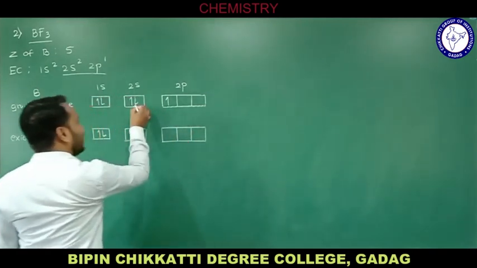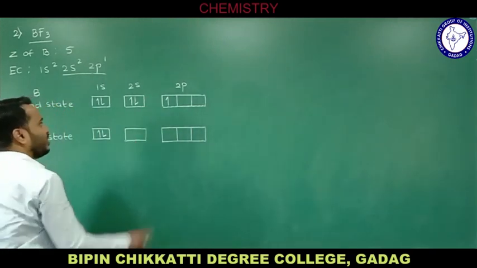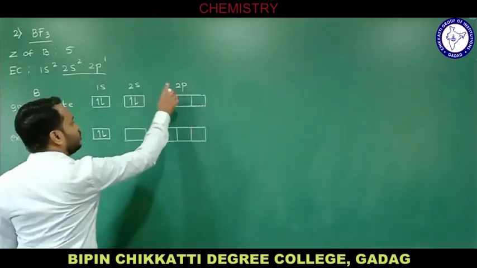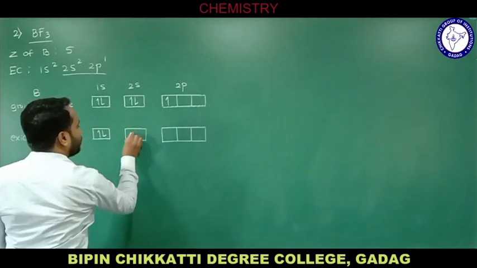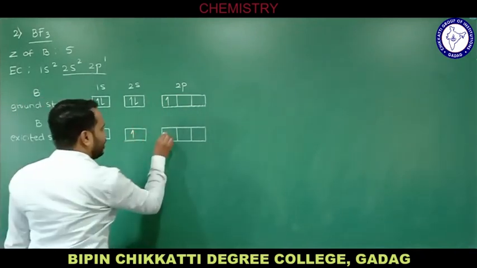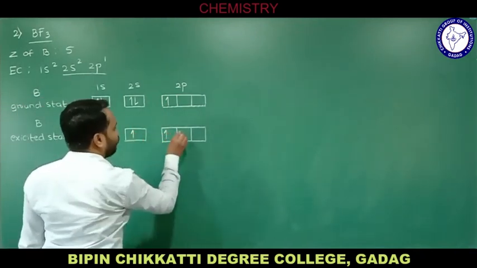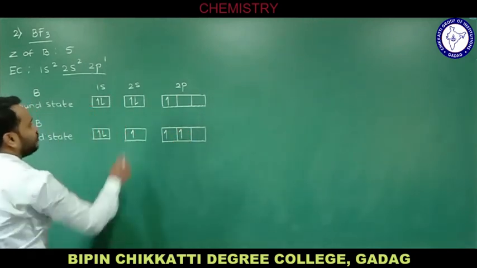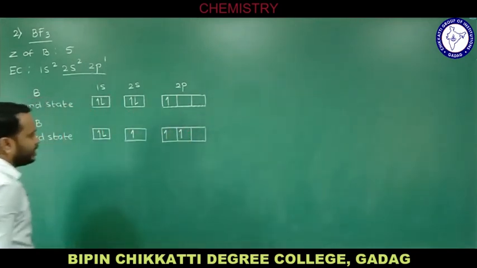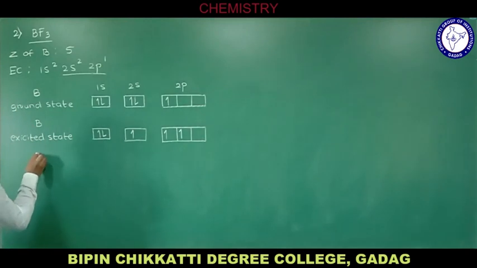So we have 1 electron over in 2s. So 1 electron from the 2s atomic orbital shifts to the 2p atomic orbital. So we have 1 electron over here, and here we have 1 electron already of boron, and 1 more electron. There is a shift of electrons from here to here, and that is how the boron is in excited state.